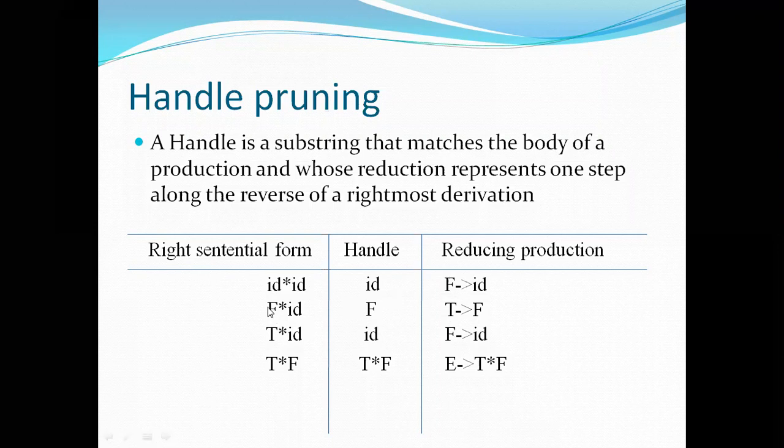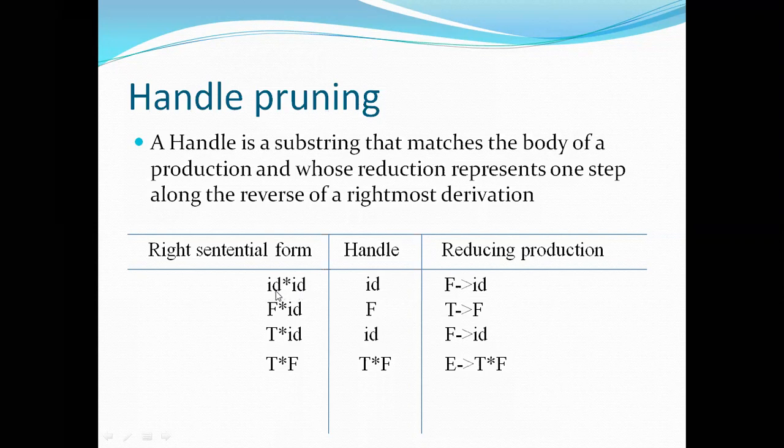Okay. So in the previous example, ID star ID is taken as the input string. So first step, we are taking ID as the substring. So we are taking handle. These are the three columns: right sentential form, handle, and reducing production. So ID star ID is taken as the right sentential form.